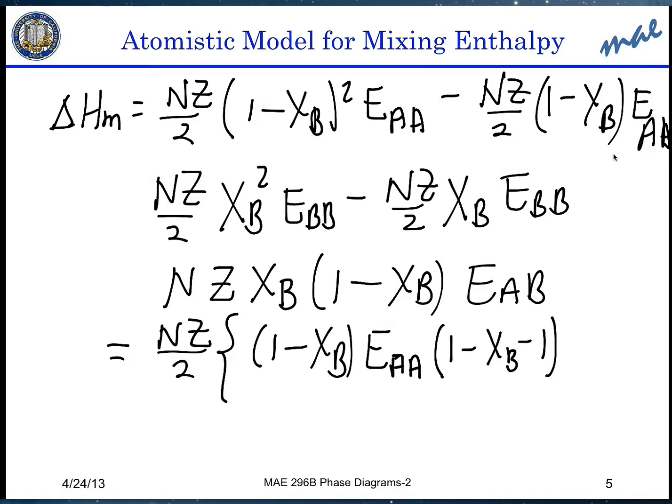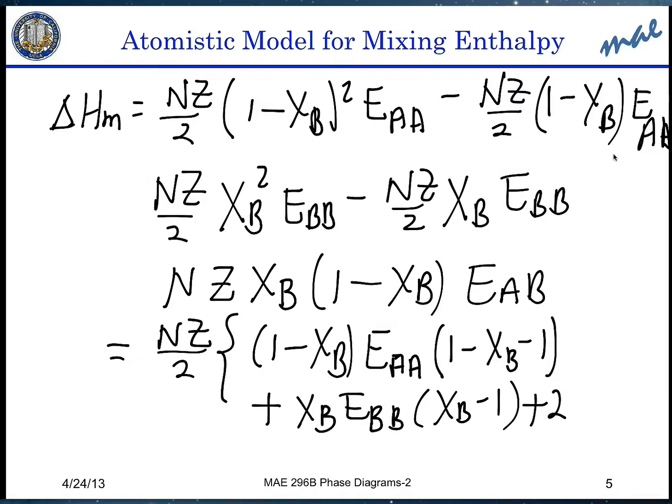I was trying to do it slowly. So we get this, and then plus another term, which is X sub B times EBB times X sub B minus 1, plus the cross term, which is X sub B times 1 minus X sub B times EAB.